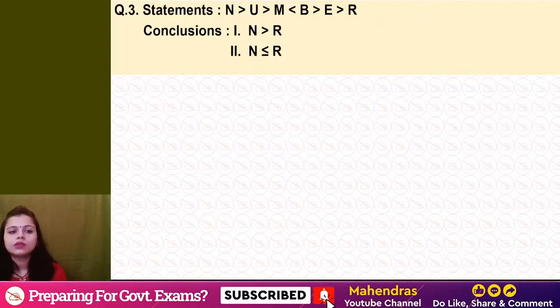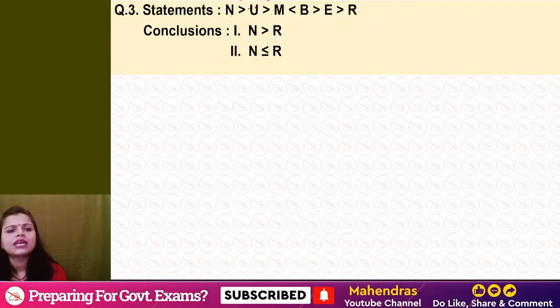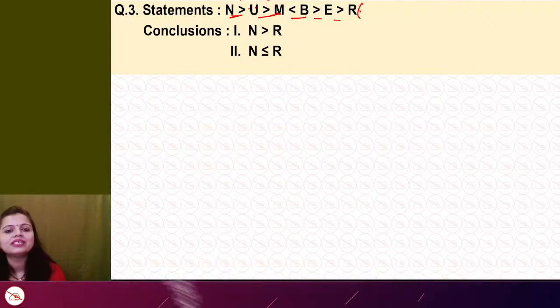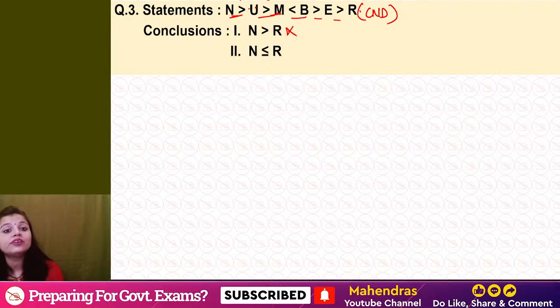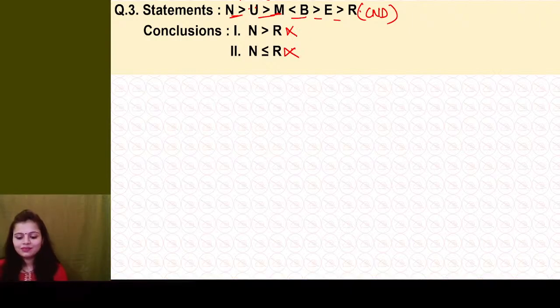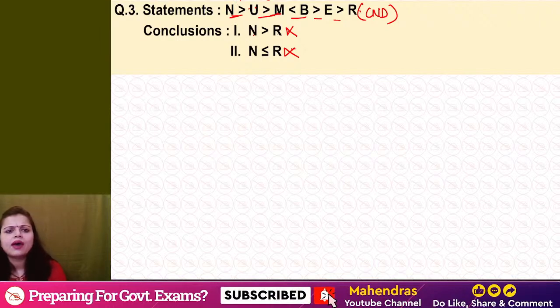First see what the conclusion is demanding: the relation between N and R. So relation between N and R, see, the first sign is greater, greater, less, greater, greater. That means it's the C and D case. In C and D, conclusions are individually wrong, obviously. And elements are same. N R, N R. Yes, elements are same.